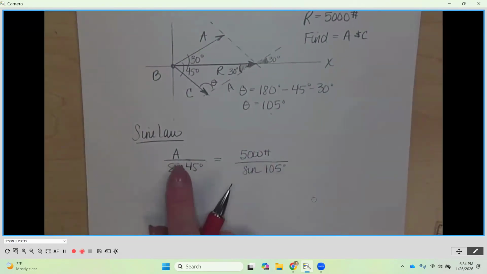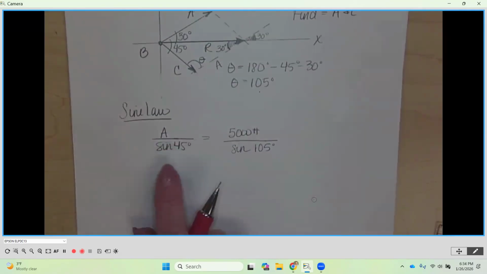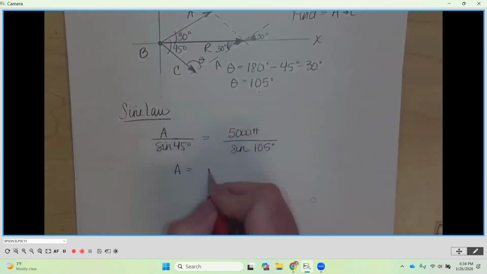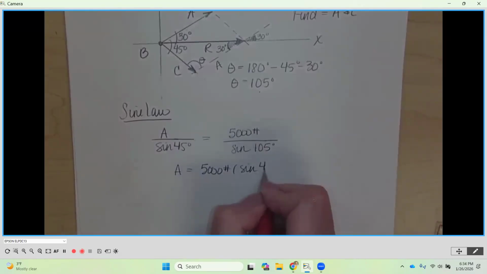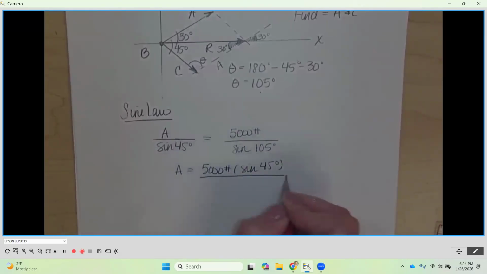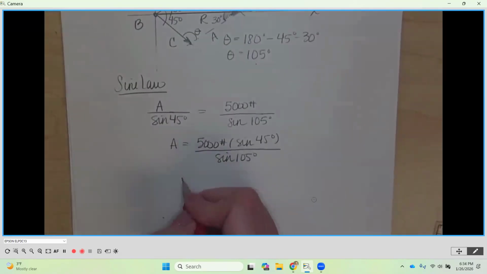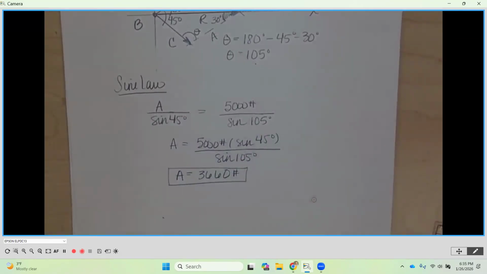So my only unknown here is A now. I'm going to multiply the sine of 45 up on top. So A is equal to 5,000 pounds times the sine of 45 degrees divided by the sine of 105. My A should come out to be 3660 pounds.